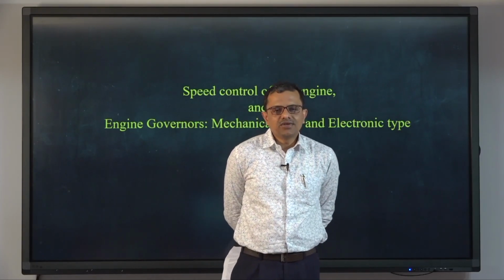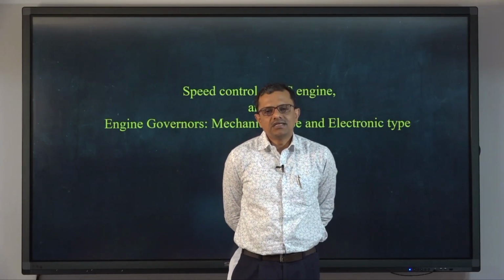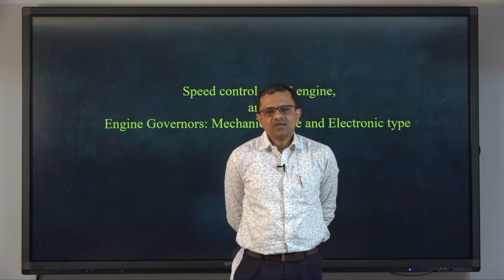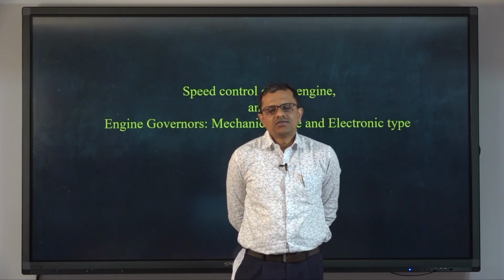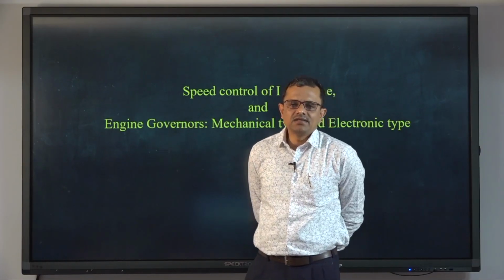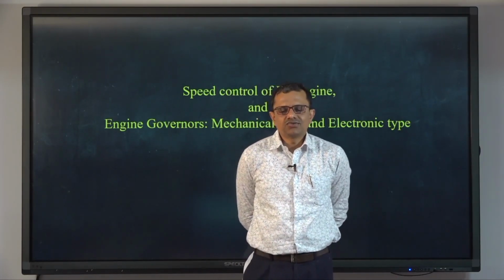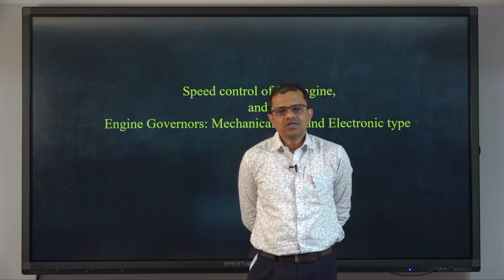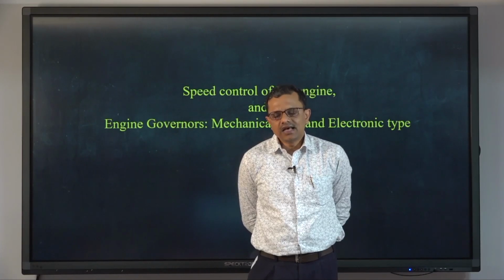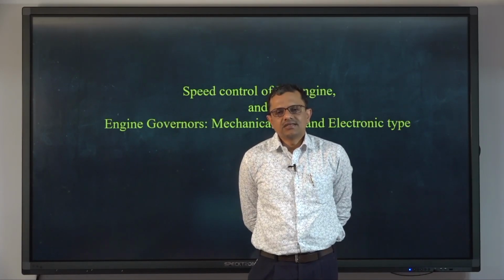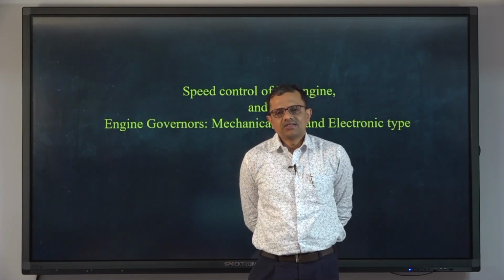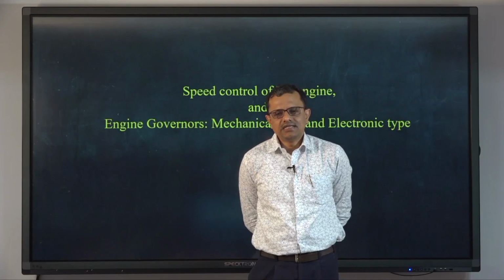So, all these sensors we have seen: the intake manifold sensor, the exhaust gas oxygen concentration measuring sensor, the sensor measuring the temperature of the coolant, and then measuring speed, there will be a sensor. All these sensors are used to get some input from several parts of the engine, and then these sensors produce some signals, and those signals will be received by the engine management system.